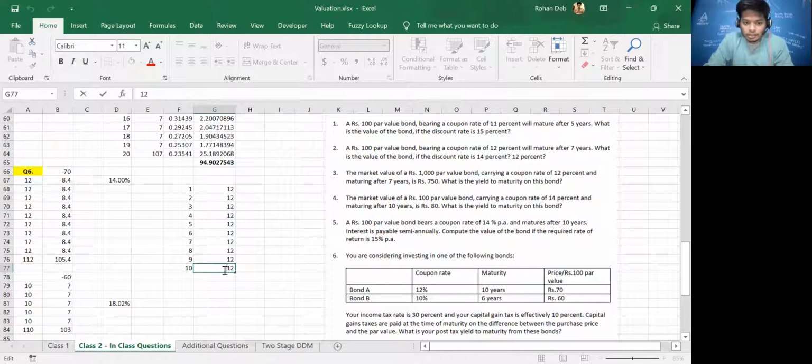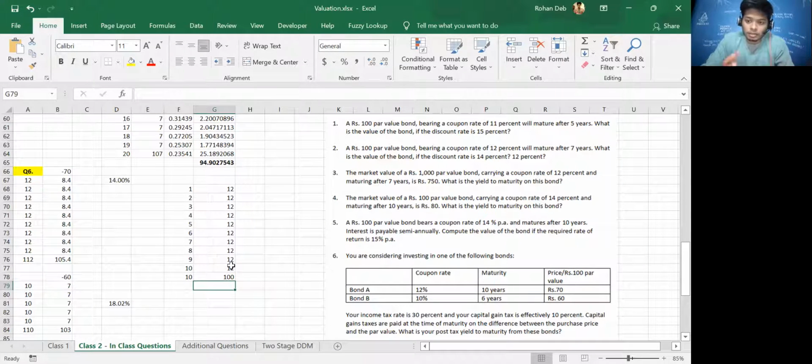And then on the 10th year, you'll get 100, right? So this is what would happen normally. Now, let me just split up this 10 into 2 parts, so that I can show you the calculation easier. I'm just splitting the cash flows into 12 for the coupon and 100 for the redemption value.